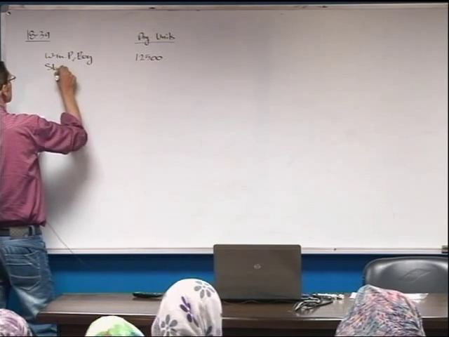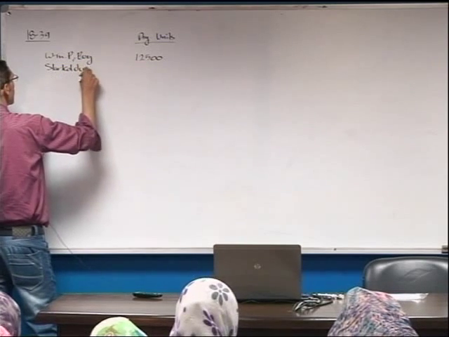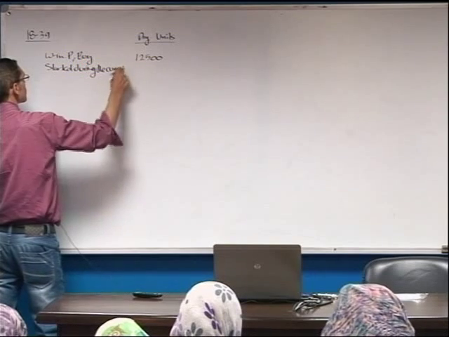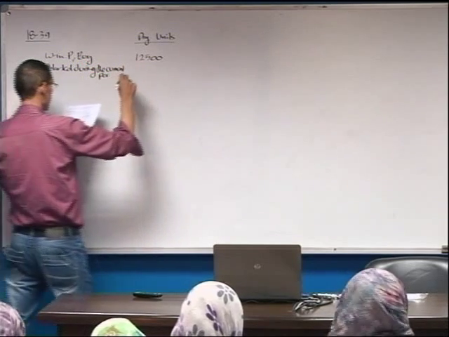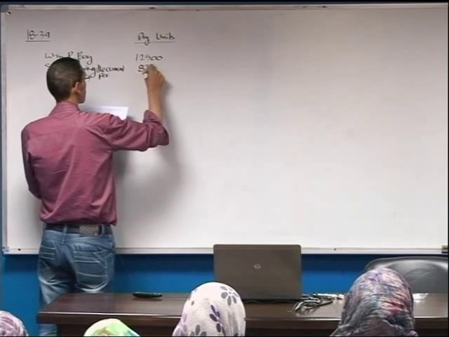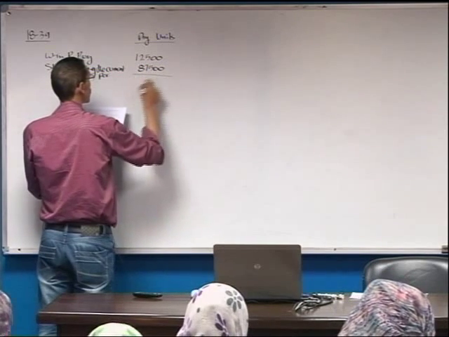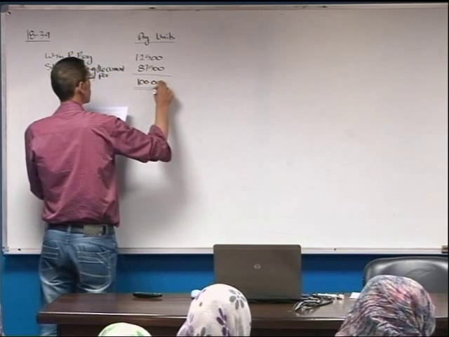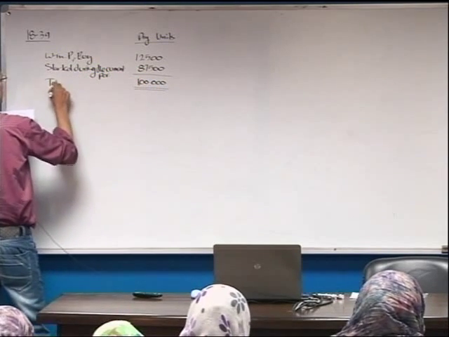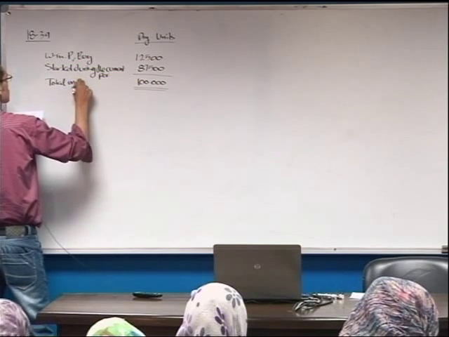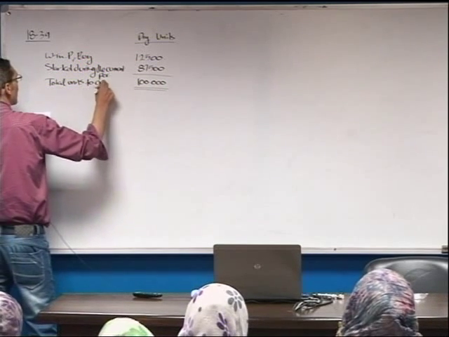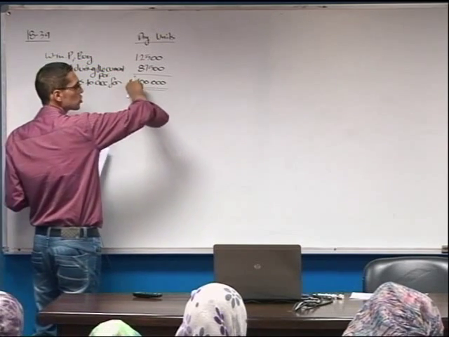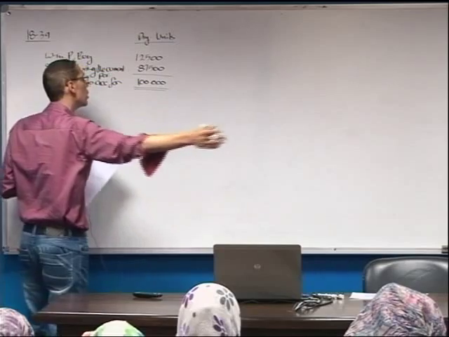Started, of course, during the current period, 87,500. Of course, the total would be 100,000, which are the total units to account for. Now we need to answer the question, where did the 100,000 units go?